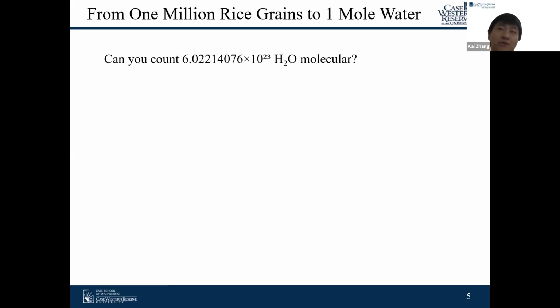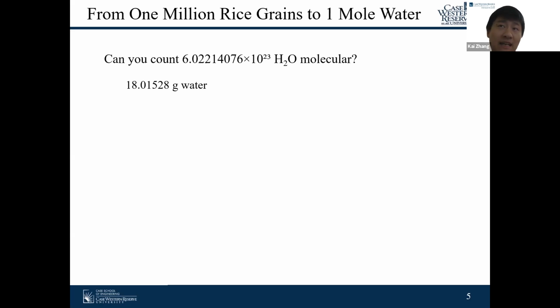It's impossible for you to count so many water molecules, but you can measure the weight, right? You can try to measure around 18 gram of water, and it's guaranteed you will get around 6 multiplied by 10 to the power of 23 water molecules.